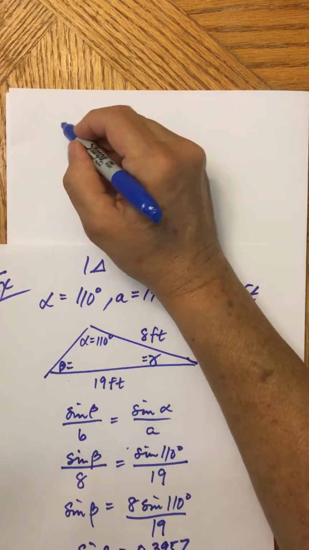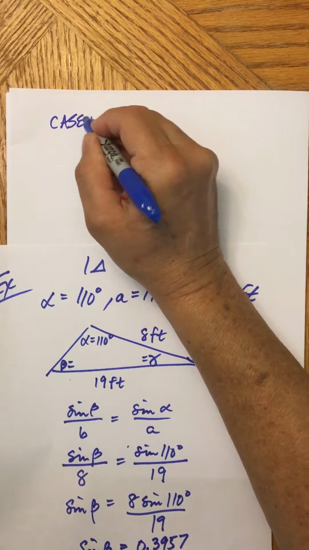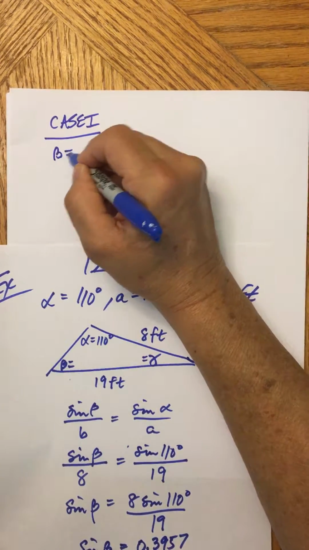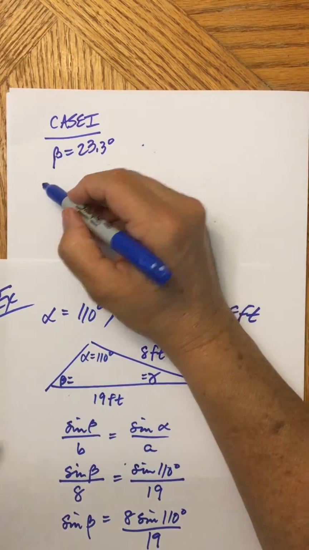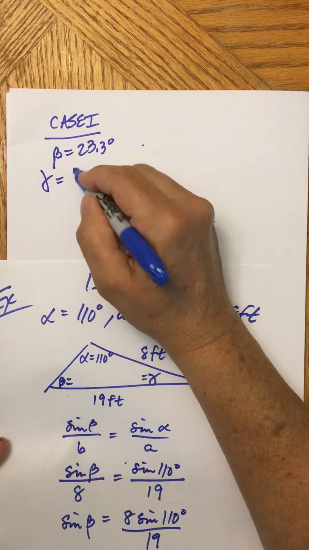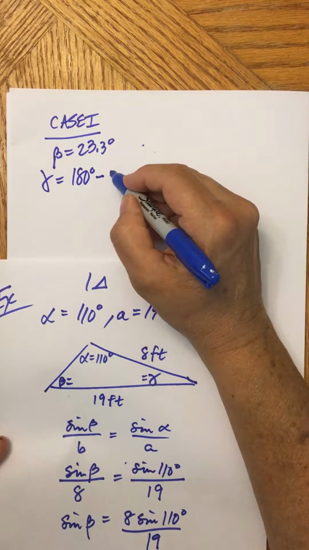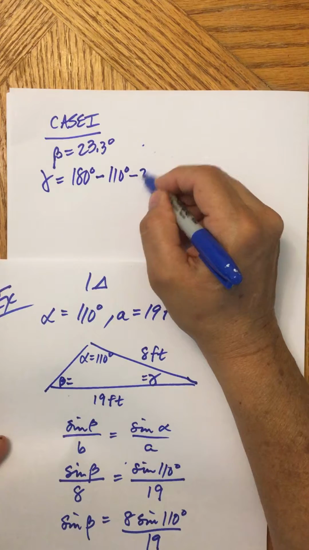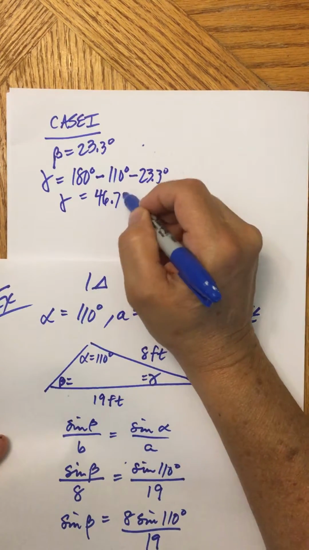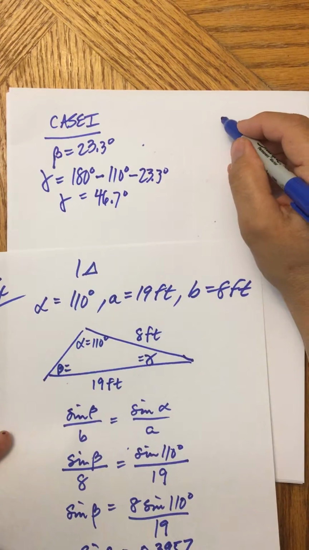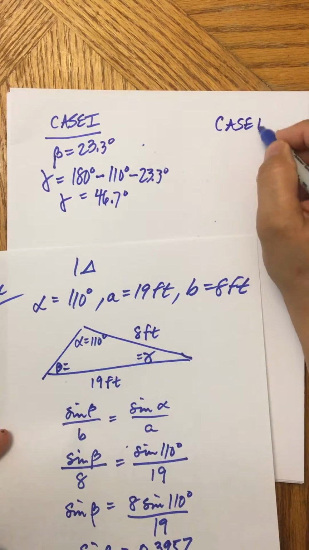In case 1, we're going to say beta is the 23.3 degrees. So that means gamma is 180 minus 110 minus 23.3 degrees, so gamma is 46.7 degrees. So that's a possibility that will give rise to a triangle.